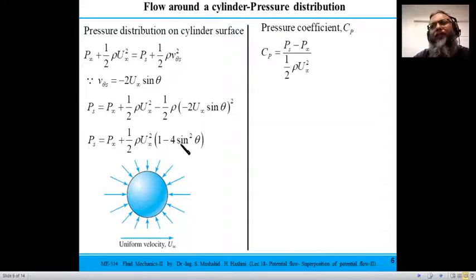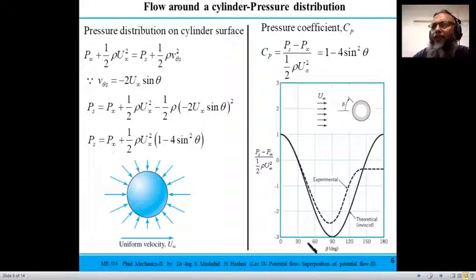And from this flow over a cylinder, as we have worked out by combining uniform flow with a doublet, what we learned is that the pressure coefficient is only a function of 1 minus 4 times sine squared theta. So the next thing we are going to do is plot Cp on the vertical axis and theta on the horizontal axis.